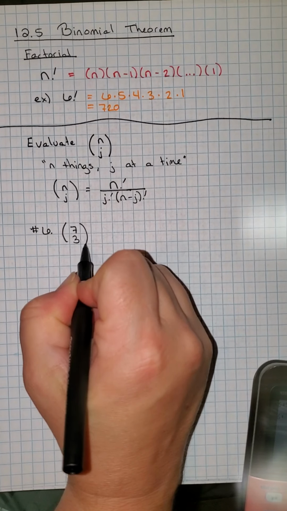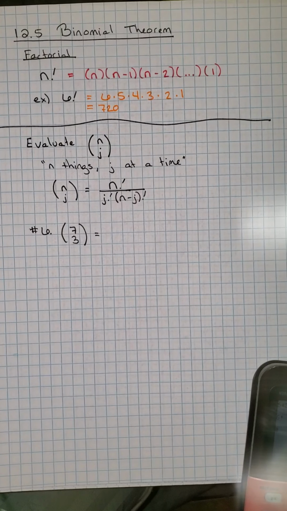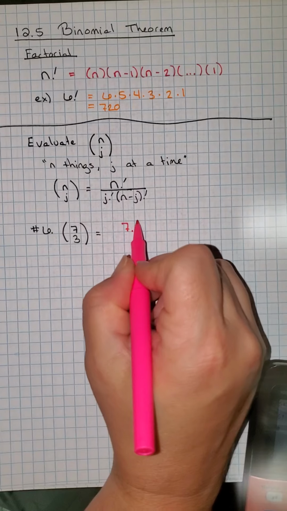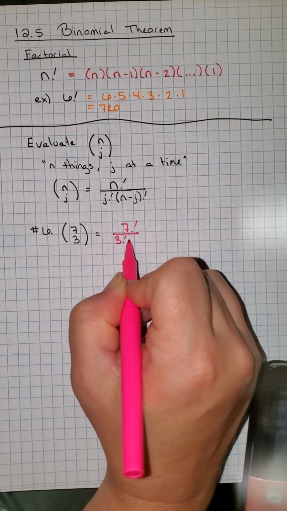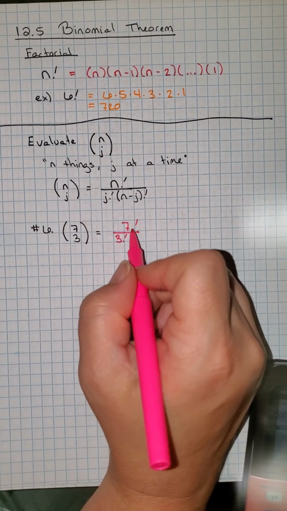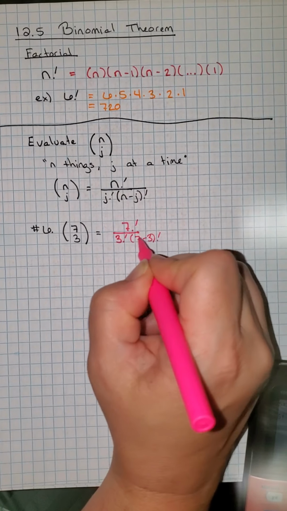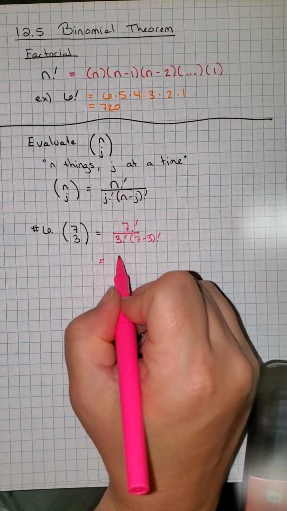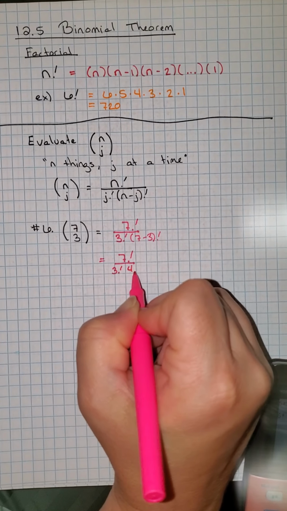So that'll be the top number factorial, so 7 factorial over j, which is 3 factorial, and then times the difference of the two. So it'd be 7 minus 3 factorial, but remember this plus that adds to this, so it's 7 factorial over 3 factorial, 4 factorial.